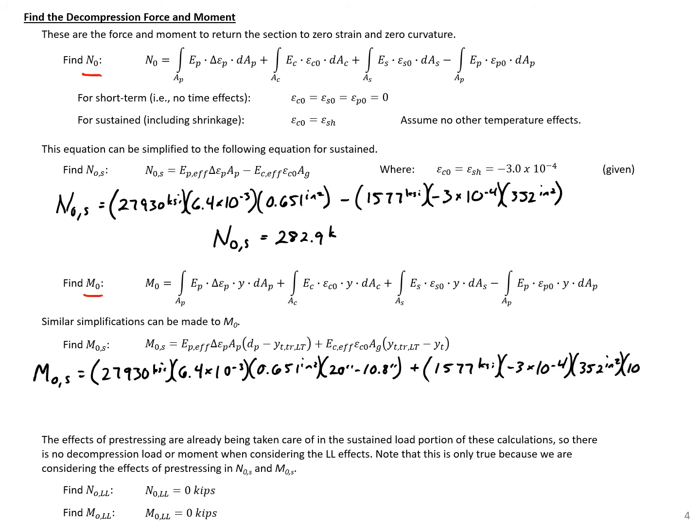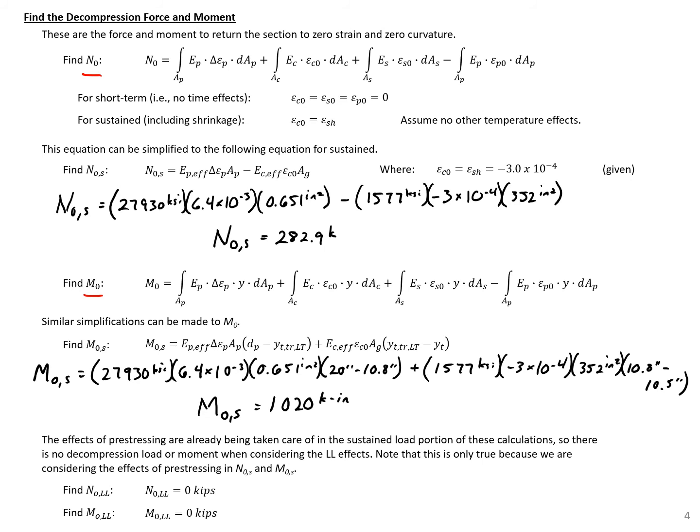So here we'll have 10.8 minus 10.5 inches. So we'll get our M sub naught S equal to 1,020 kip inches here.